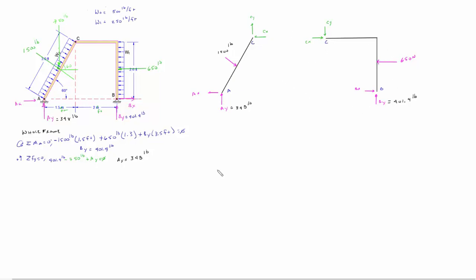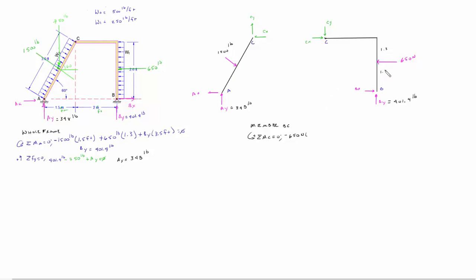So I looked at CB first, so member BC. And if I sum my moment at point C, I have 650 pounds going clockwise, so it's going to be negative, times 1.3 feet.